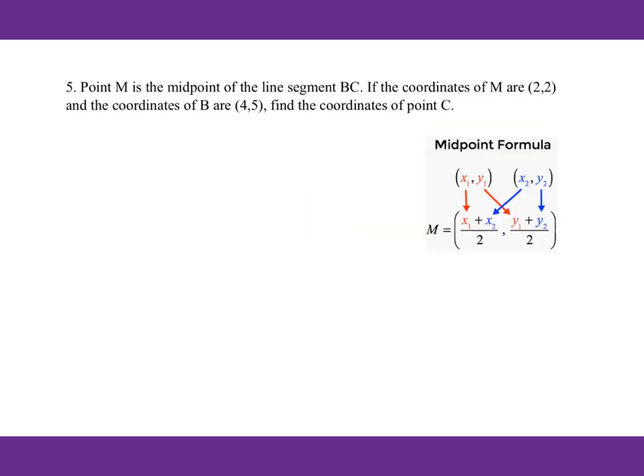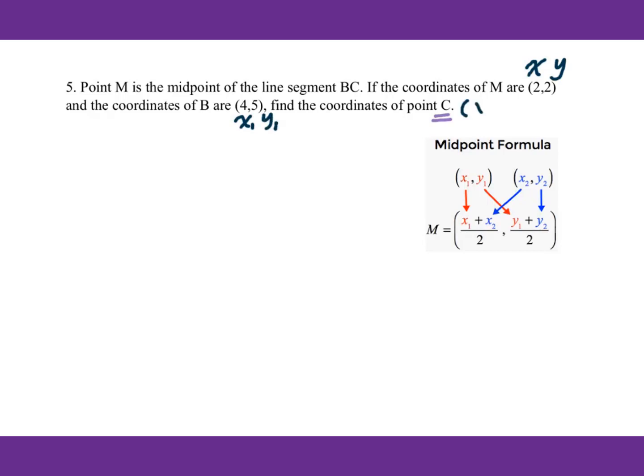For number 5, point M is the midpoint of line segment BC. If the coordinates of M are 2, 2, and the coordinates of B are 4, 5, find the coordinates of C. We label this x, y. This is x1, y1.